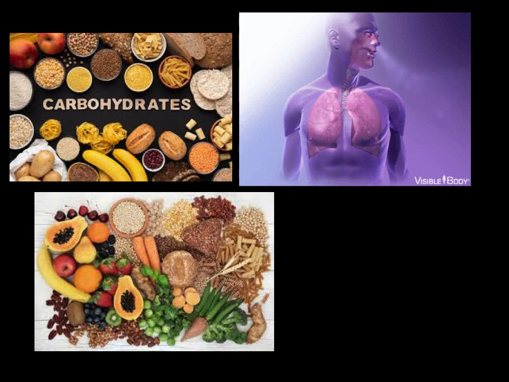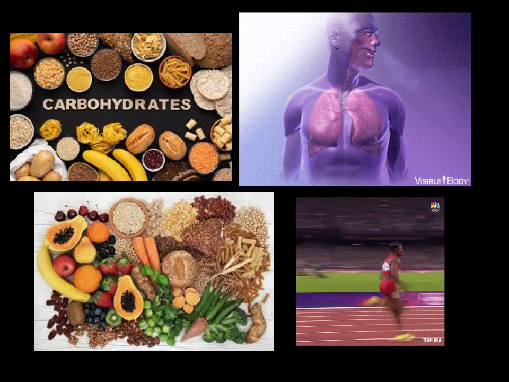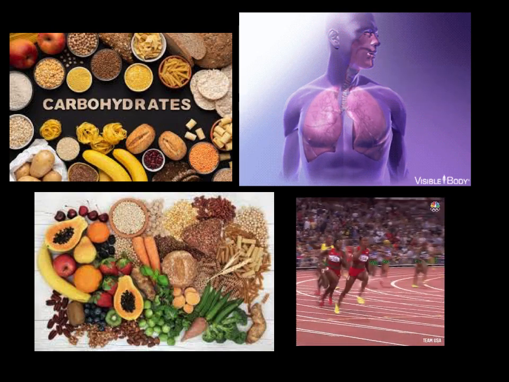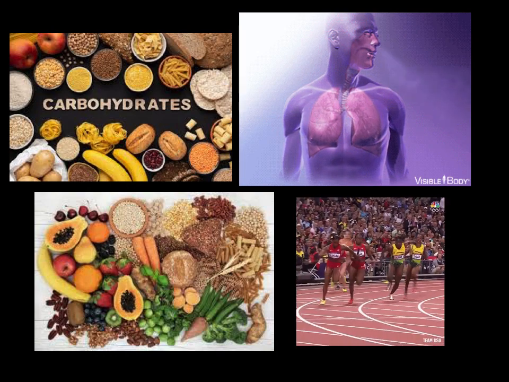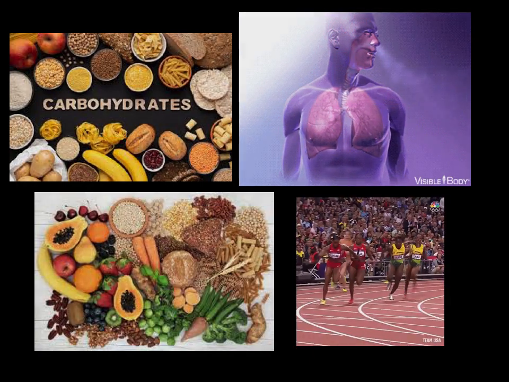Oxidation of glucose is carried out step by step in the cells during the process of cellular respiration. So cellular respiration is done by following two methods: aerobic respiration, that is in presence of oxygen, and anaerobic respiration in the absence of oxygen. Now let's see first aerobic respiration.